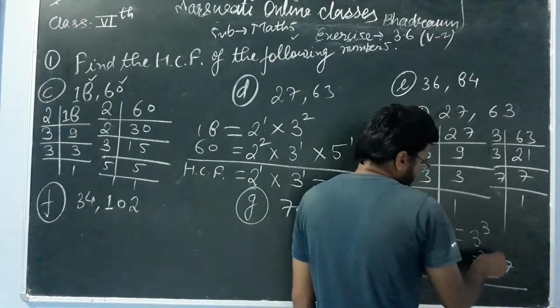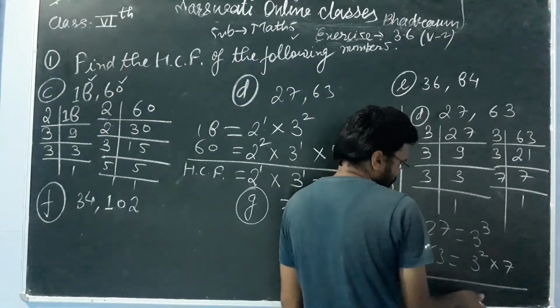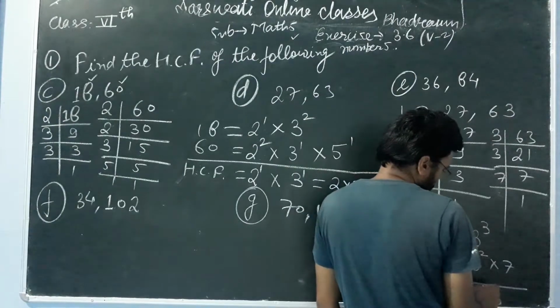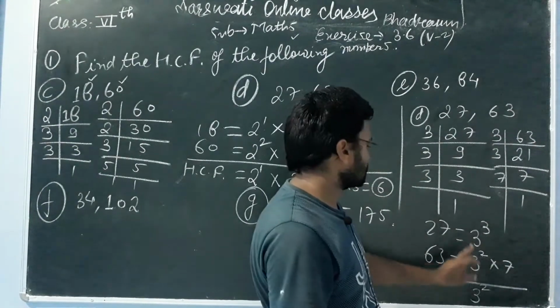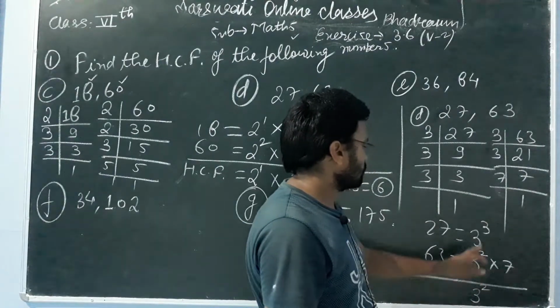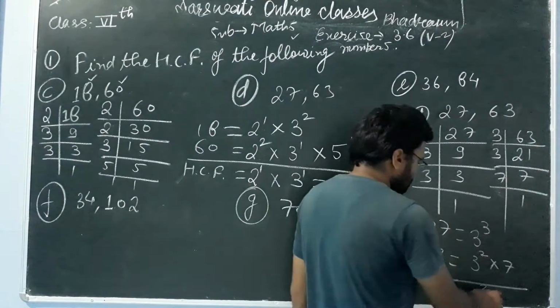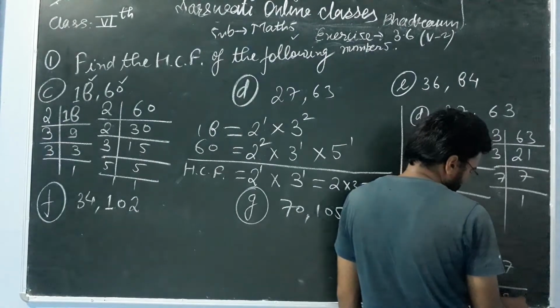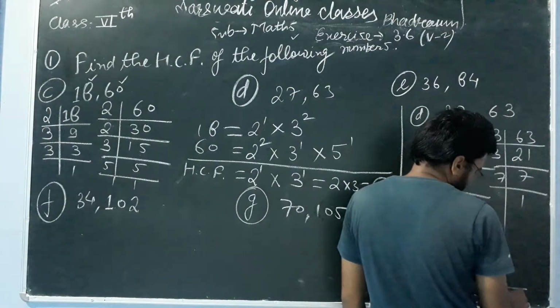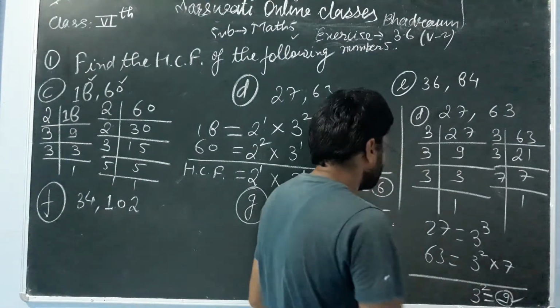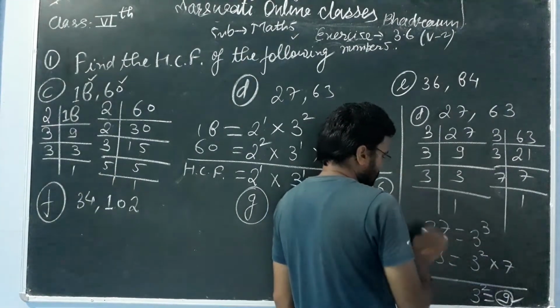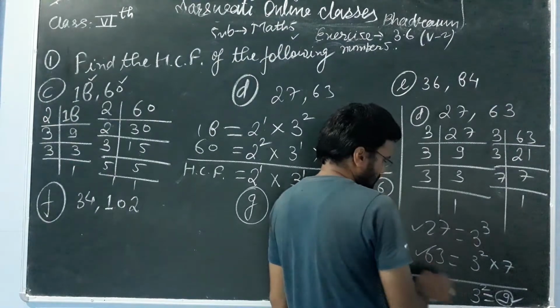Here only 3 is common and the smaller power is 2, hence our answer is 3 to the power 2, which means 9. Hence our HCF of 27 and 63 is 9.